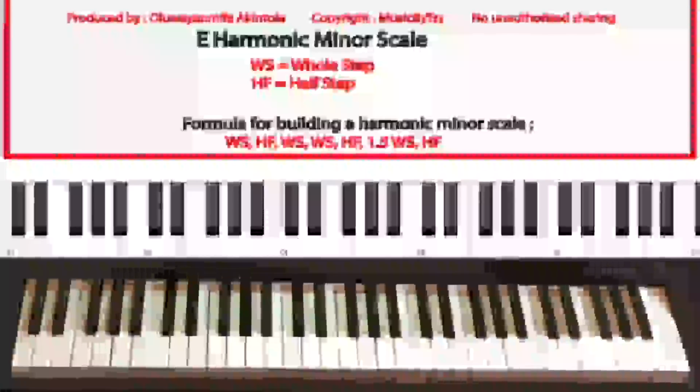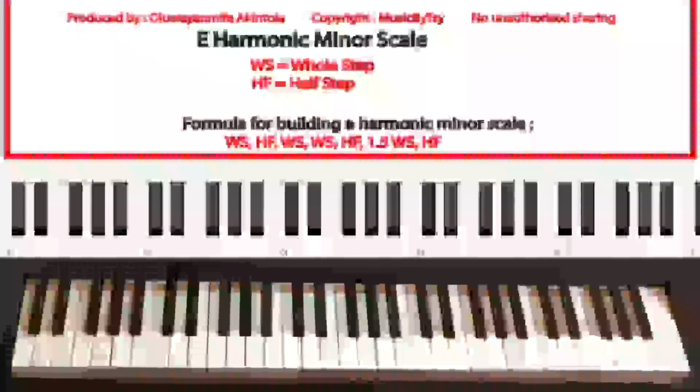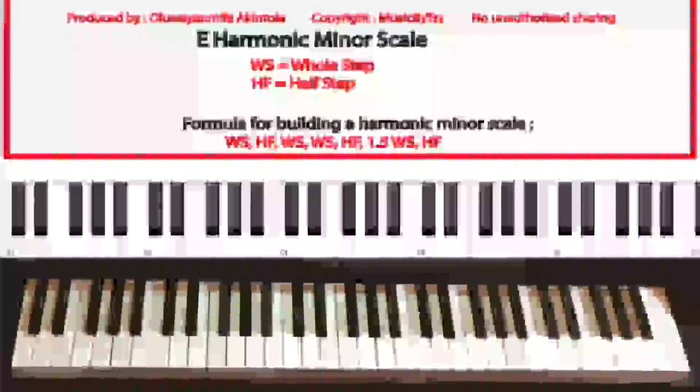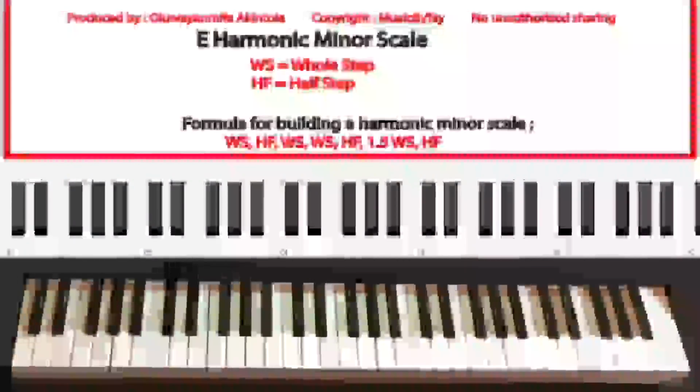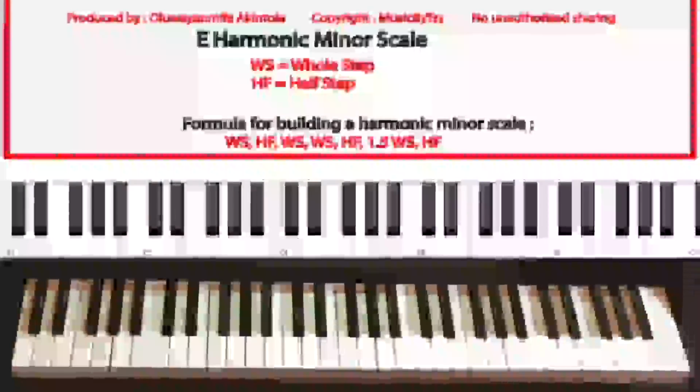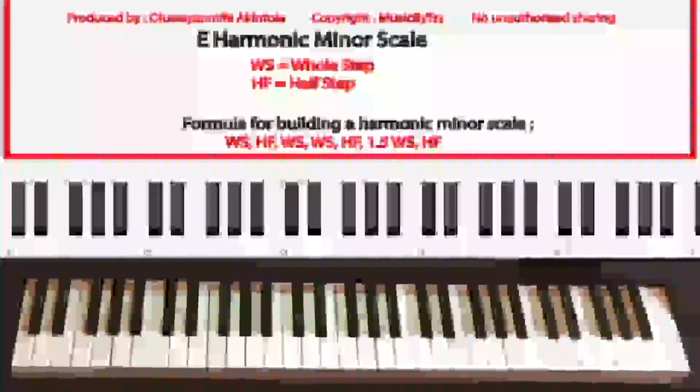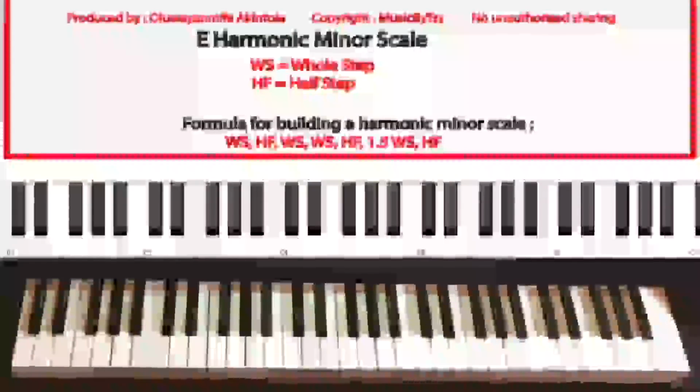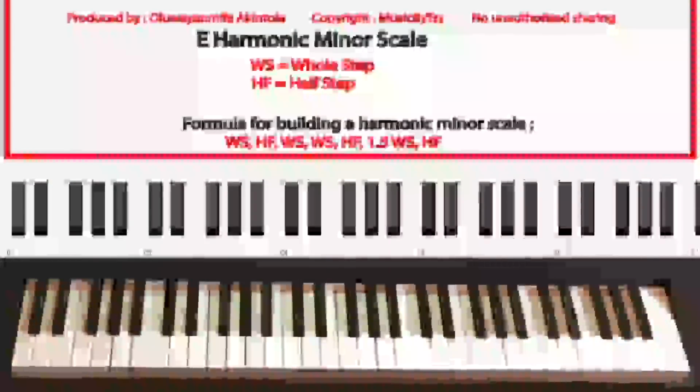Therefore, all we have to do is just increase the seventh note of the E natural minor scale by a half step, and that is going to give us the E harmonic minor scale. So yeah, let's do that.